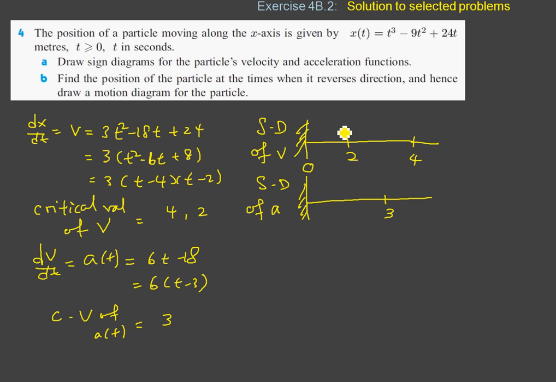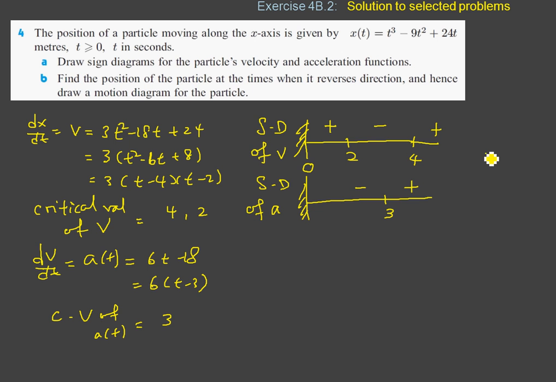Now if you do the sign diagram for this, you would realize that this is positive, negative, positive, and here you have negative, positive. And how do you know it reverses direction, part B of the question? Very simple. Now the sign diagram of the velocity function: before 2, it is traveling to the right, and then after time equals 2, it travels to the left.